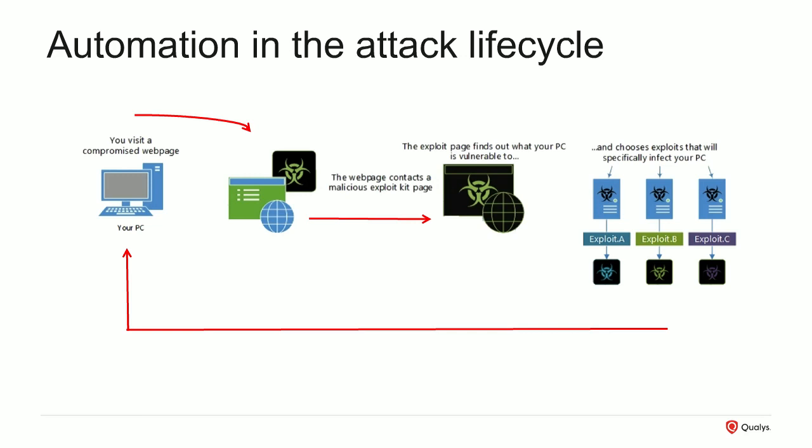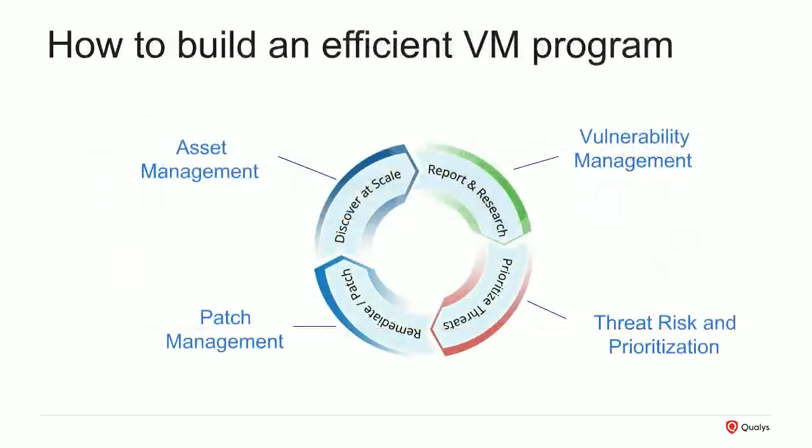That kind of process is very fast, and the reaction time that you need to have on the other side needs to be also very fast. So we need to talk about automation in the way that we discover vulnerabilities, and also automation in the way that we patch, at least for the common vulnerabilities. Otherwise, you don't really stand a chance against this kind of smart threat actors.